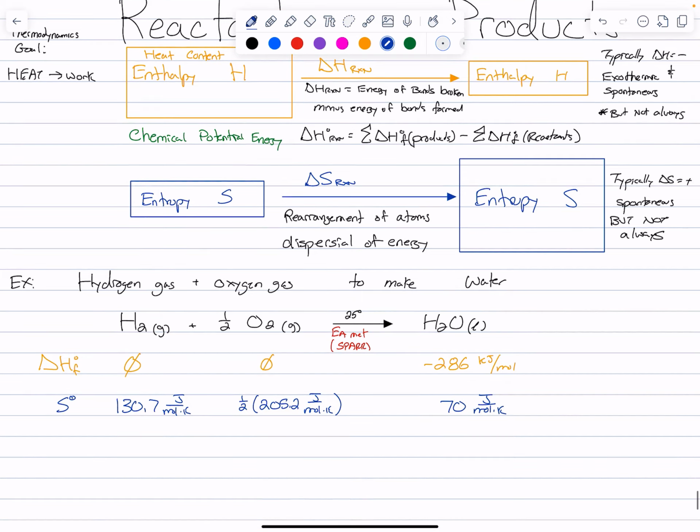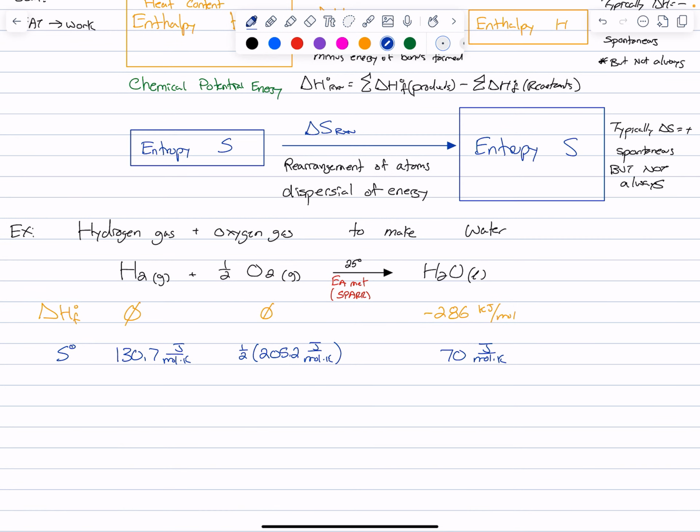So if we calculate delta H standard for the reaction, it's going to equal the sum of delta H_f of the products minus the sum of delta H_f of the reactants.